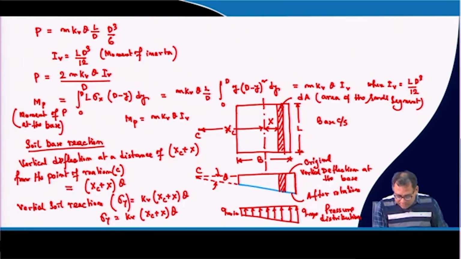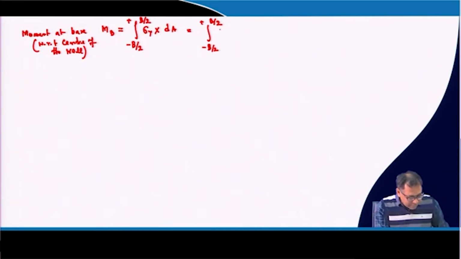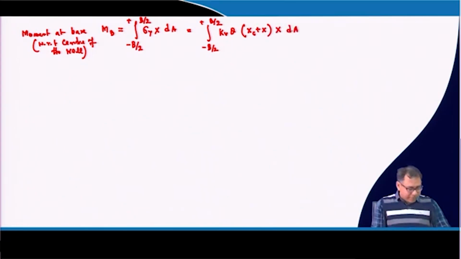Okay, so now we can write this as minus b by 2 to plus b by 2, and sigma y is kv (xc plus x theta). Then sigma y, we can write as kv theta (xc plus x) into x into dA.